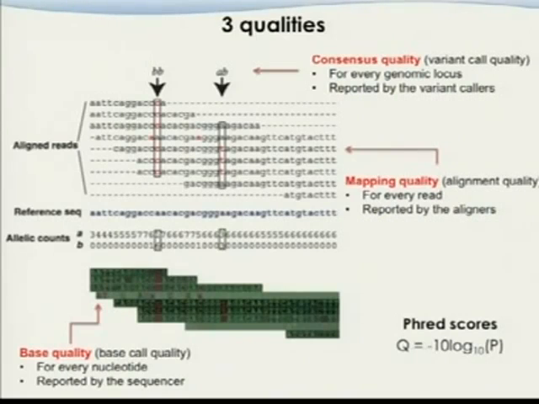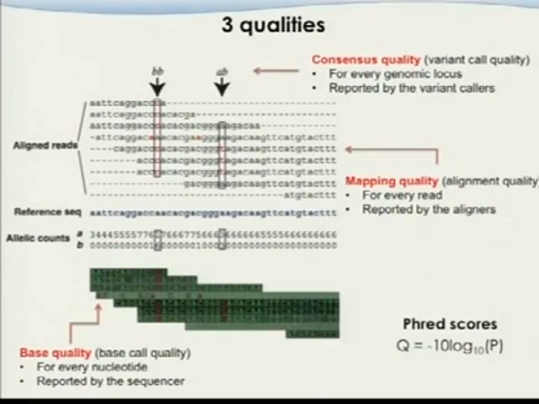The first one is the so-called base quality. That means for each individual read, you've got A, C, G, T. Let's say the first one is A. What is the quality of that? How confident am I that it is A, not a C? So for each nucleotide you actually sequenced, there will be a quality associated with it. That is called the base quality.